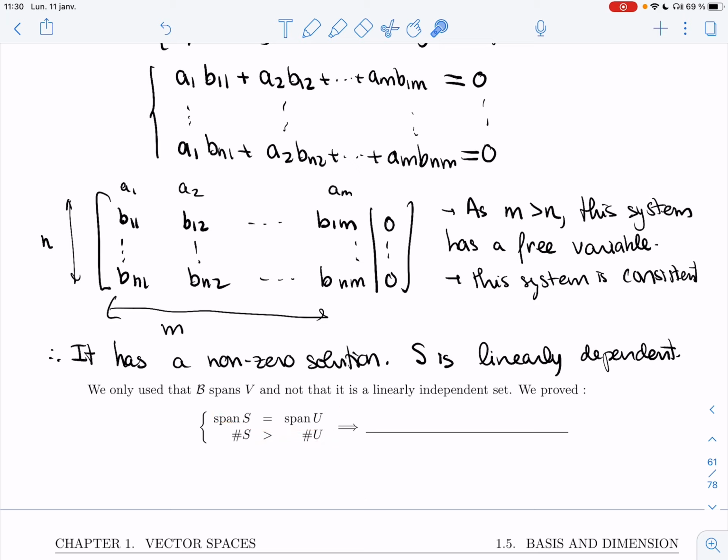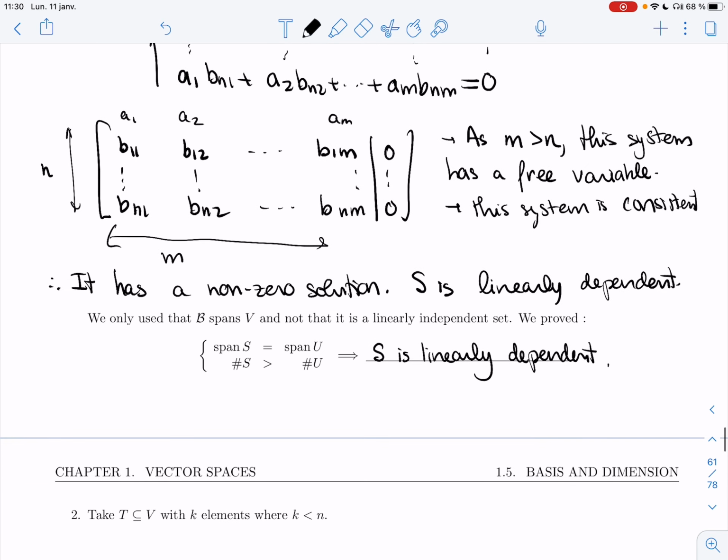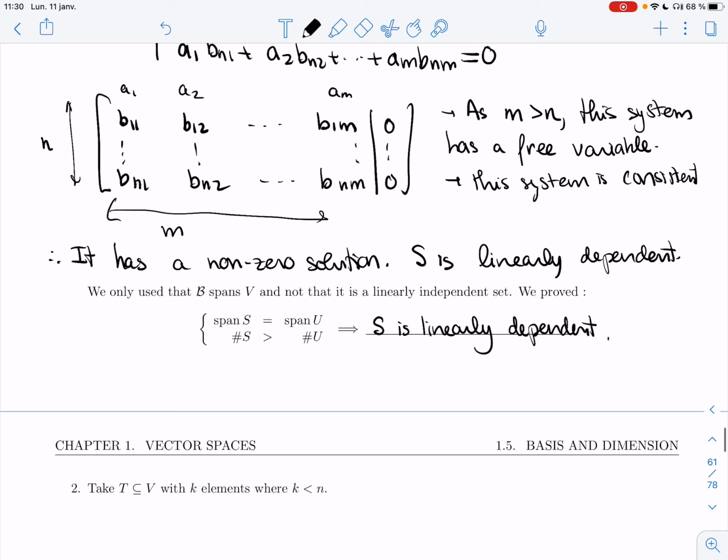If the two spans are the same, but if you have more elements in S than you have in U, then S is linearly dependent. All right, that's the key right here.